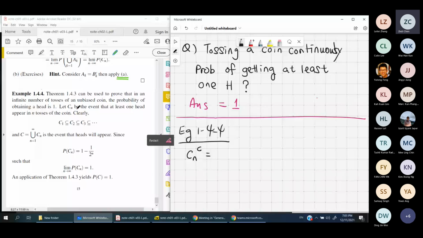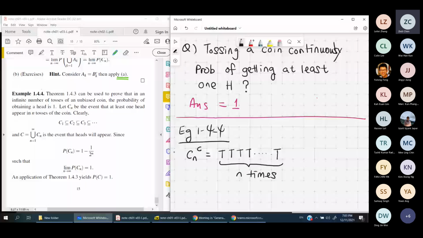So Cn is at least one hit, and the complement of Cn is all tails for n times. So we always get tail for n times.